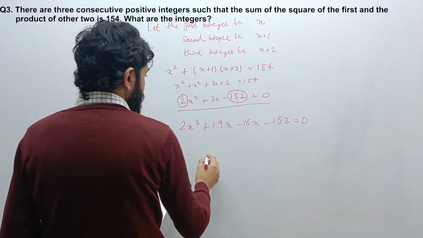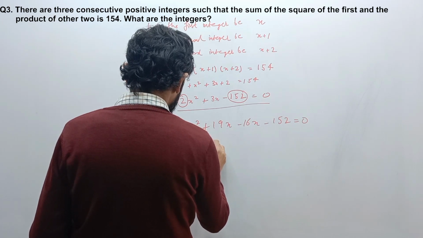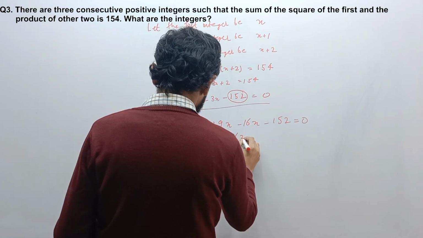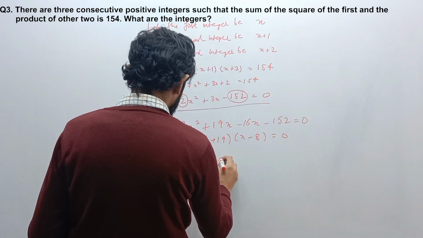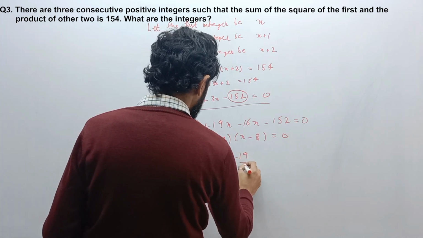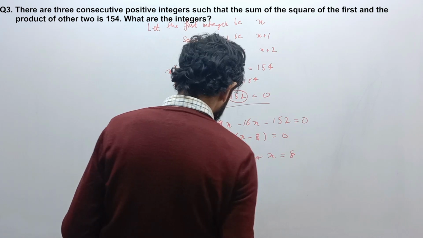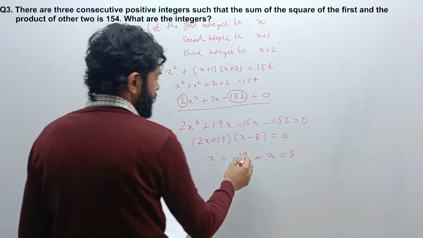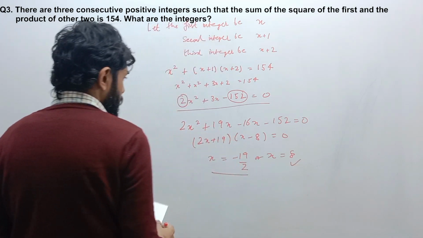On further solving it, I get 2x plus 19 and x minus 8 equal to 0, which gives x is equal to minus 19 upon 2 or x is equal to 8. So in this case I would neglect the negative value and take only the positive value.